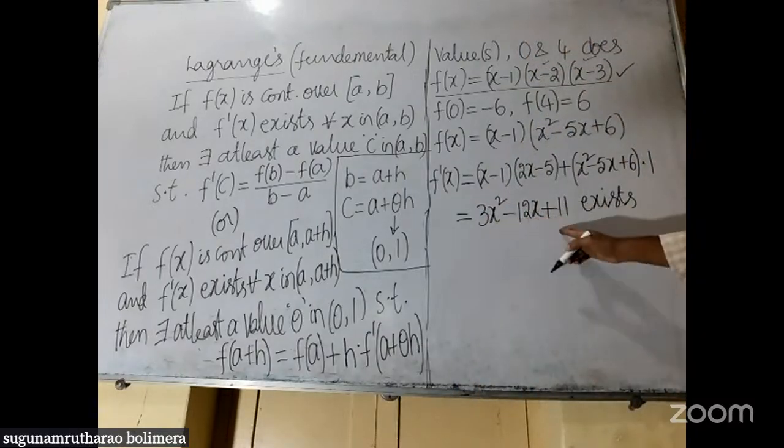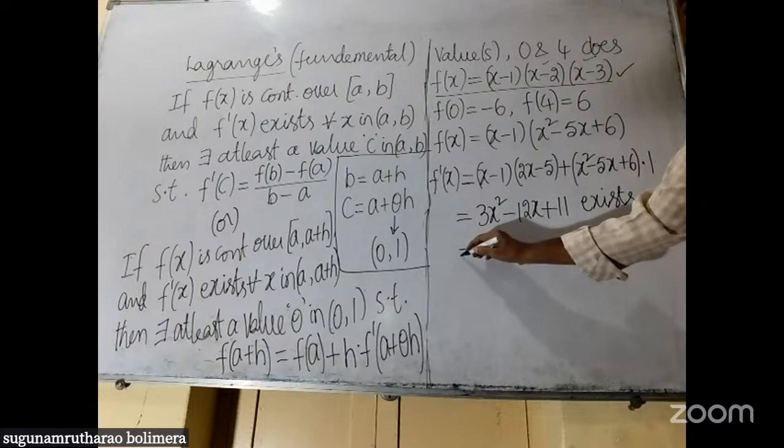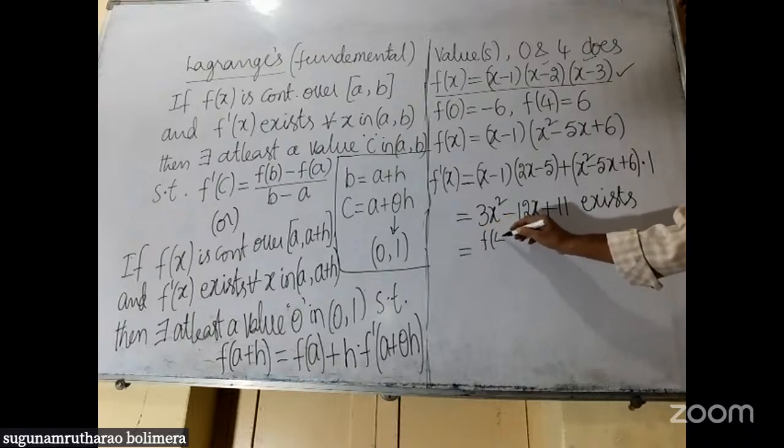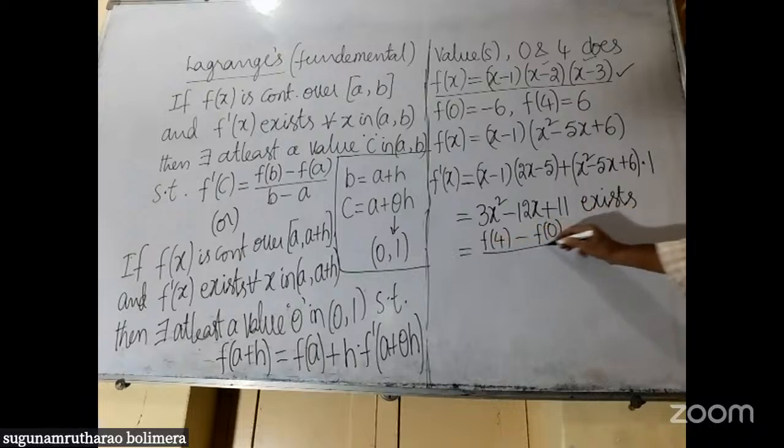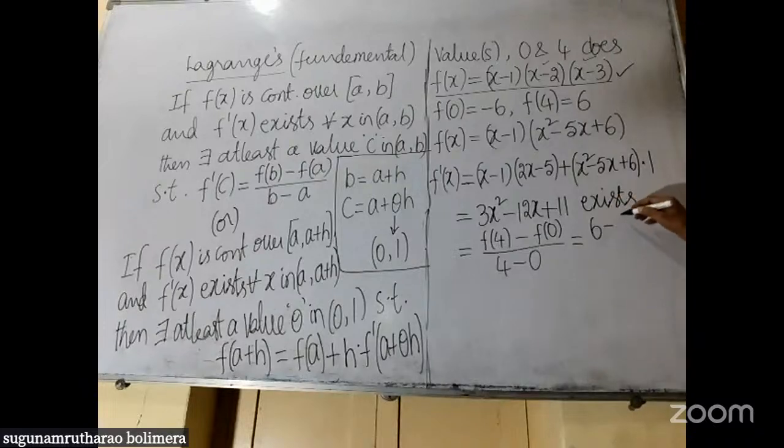So this exists. Now I am equating it to f of 4 minus f of 0 by 4 minus 0. This is equal to 6 minus of minus 6 by 4, nothing but 3.